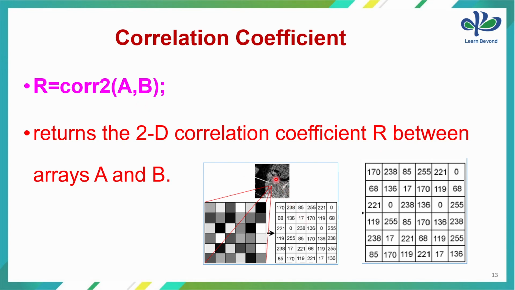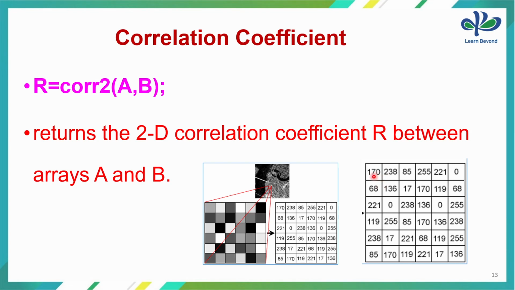And if you consider any image like this, and if you extract a small part like maybe 6 cross 6, and maybe you have the corresponding gray levels here, and when you compute the correlation between the original and the encrypted image, the correlation between the original and encrypted should be very low, and in some cases we calculate the correlation between the adjacent pixels also.